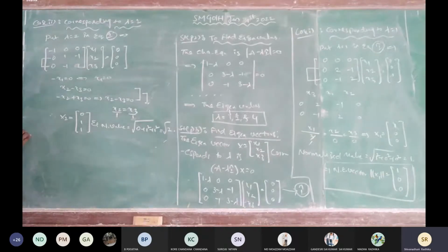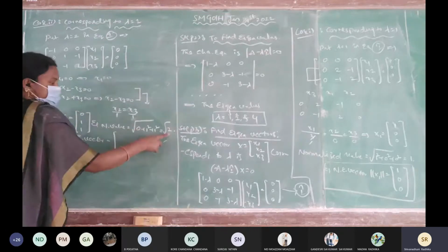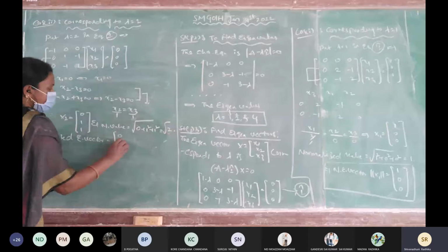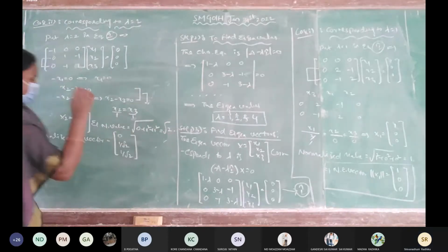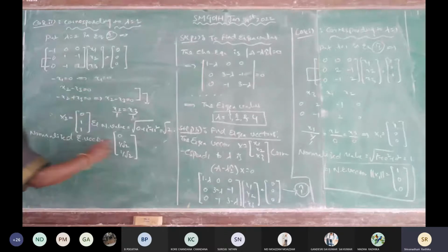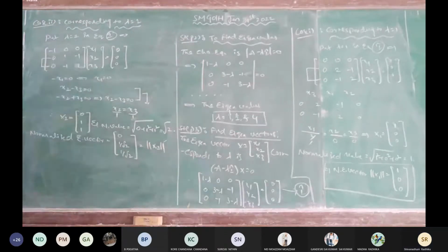Therefore, what is a normalized eigenvector? Each and every value in the eigenvector is divided by the normalized value. So that is 0, 1 by root 2, 1 by root 2, which is denoted by norm x2. The second normalized eigenvector is completed.